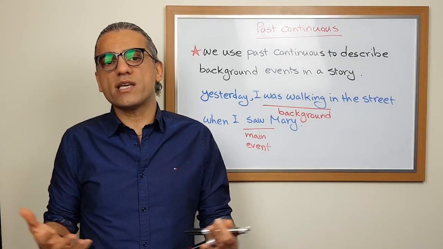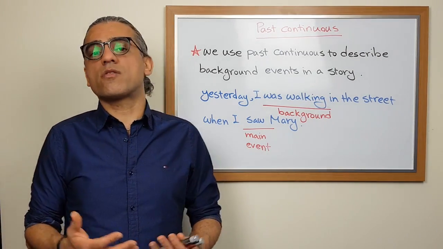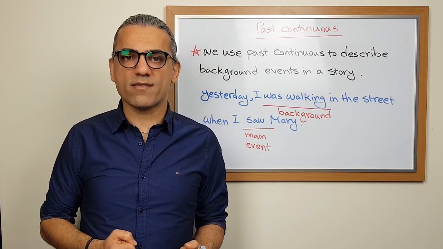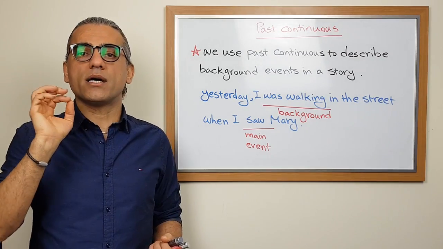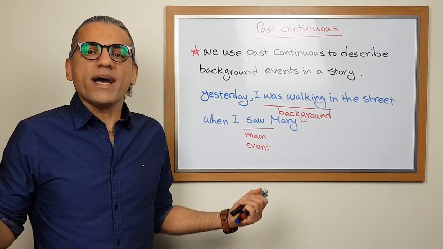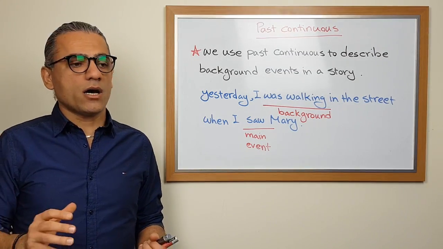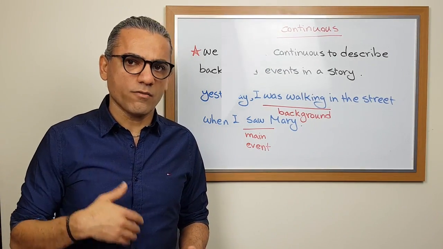But for example, you could say, yesterday I was walking in the street, I was listening to music, and I was thinking about my future, for example, when all of a sudden I saw an accident. I saw an accident is what we are waiting for. It is the main event of the story. But the background events of the story, the background actions in here are not the main focus of the story. They just set the scene for the main event.